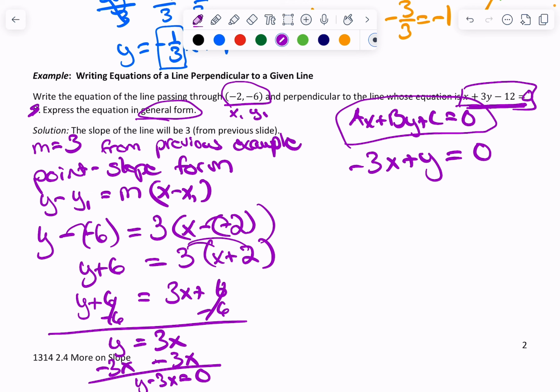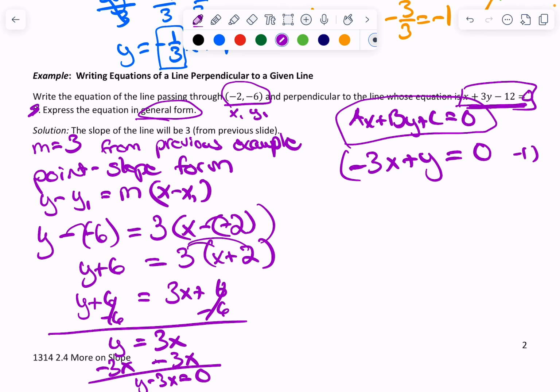Now, what we want to do every single time with the general form is make the a positive. So what we're going to do here is multiply this whole thing by -1. When we multiply both sides by -1, we're not changing the equation.